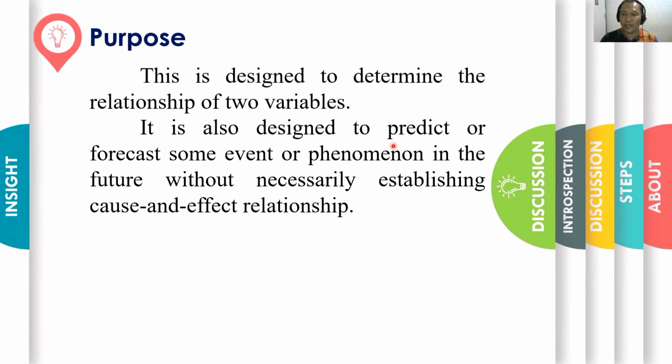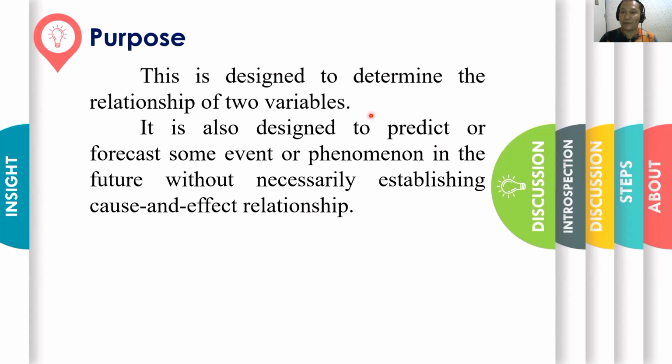And it is also designed to predict because if we found out that the two variables are related, therefore, we can determine the regression analysis. That's why we can predict or forecast some event relative to the given relationship of two variables. Okay? Now I repeat, when we talk about correlational research design, we are determining the relationship of two variables.